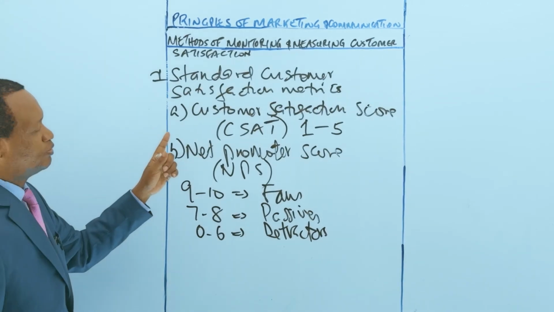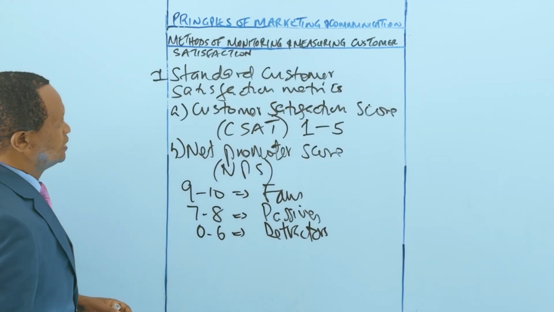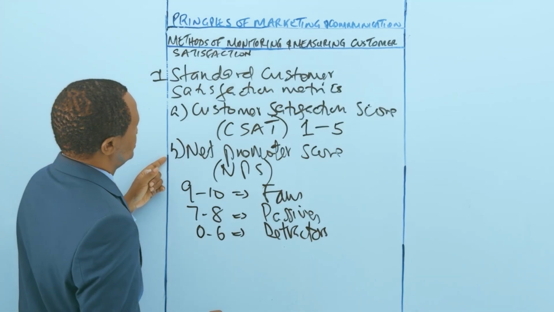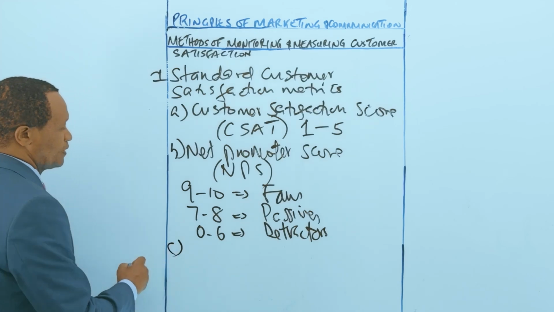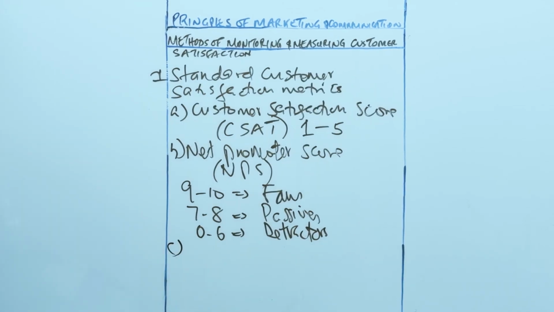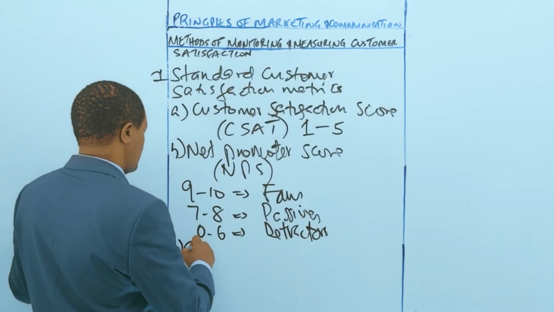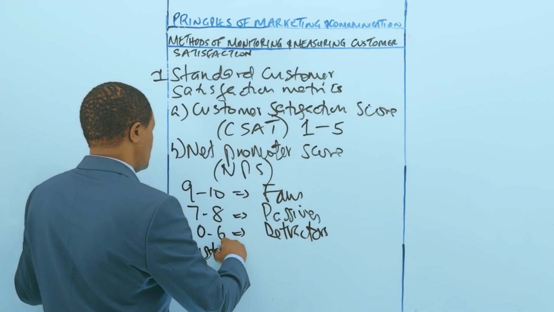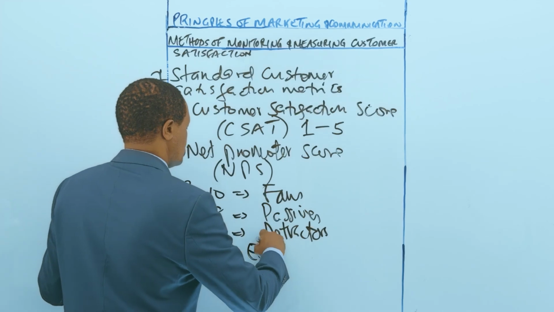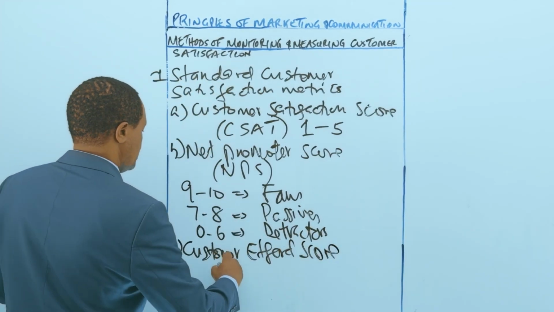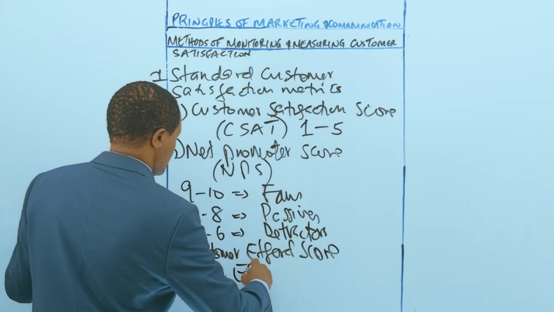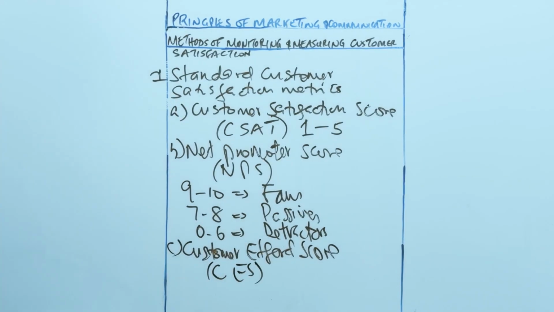So there is the net promoter score. That is the second standard customer satisfaction metric. The third one is known as the customer effort score, CES.